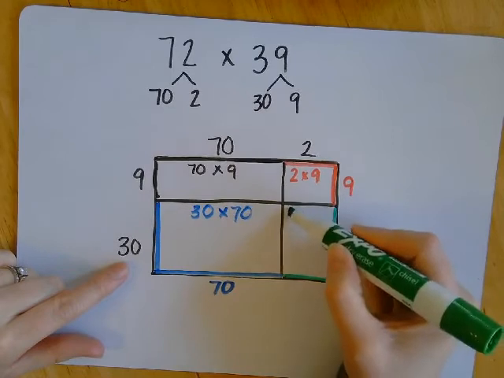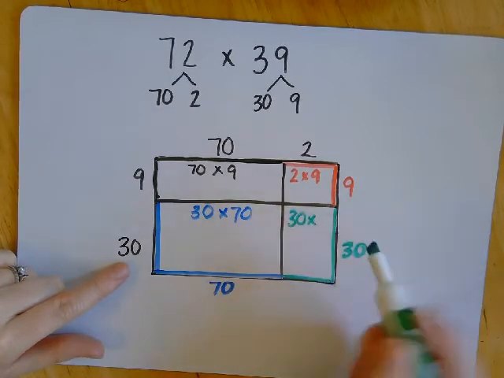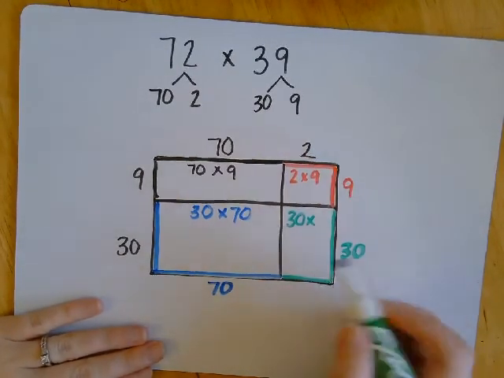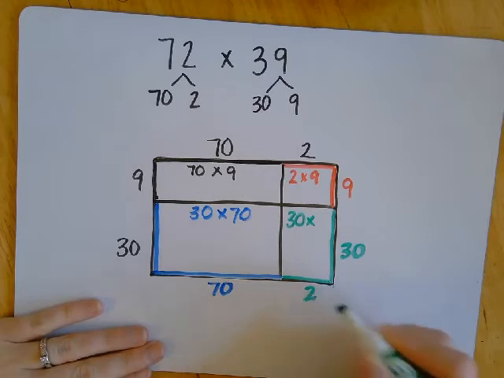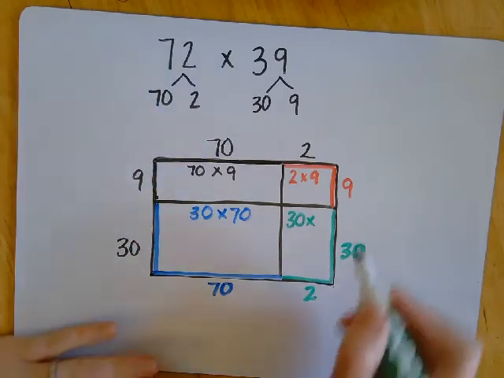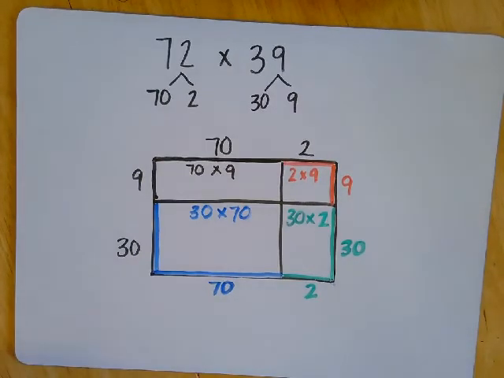So I'll be multiplying 30 times whatever this side is, and because this side is 2, I know that this side is also 2, just like this side was 70 and this side was 70. All right, now I have each of my parts and I can go through and multiply.